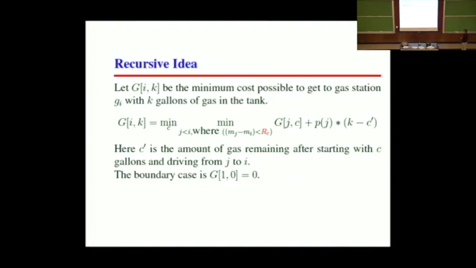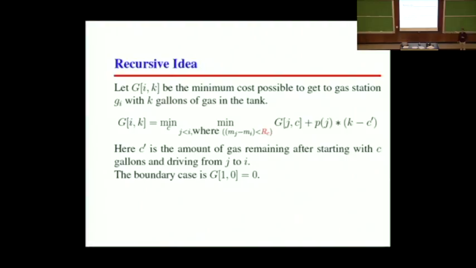My claim is, if I'm going to end up at gas station i with k gallons, how could I do it? Well, the cost is going to be at some previous station. Okay? I got to that station having c gallons in the tank, and then I filled it up with enough gas to get me here leaving k gallons.